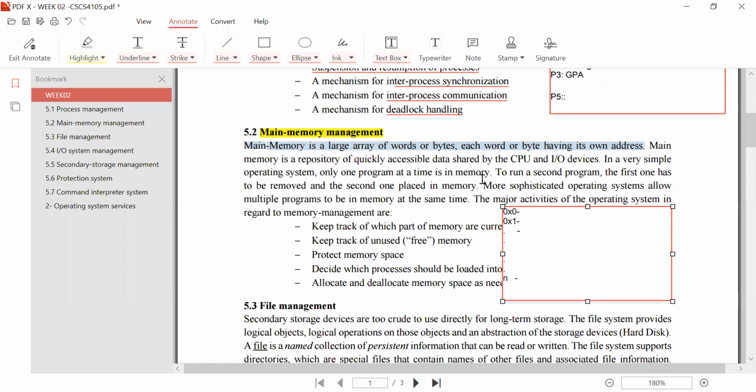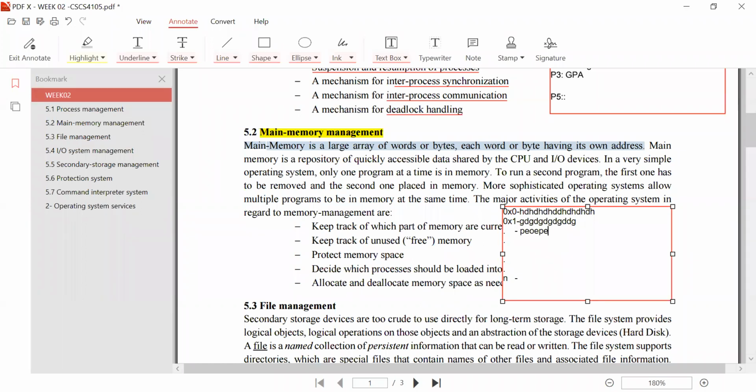But note that when we say a memory is a large array of words, each content has its address. This is how it is. It means that if you want to access what is here on this first line, you will reference it from its address. If you want to access this other content, you will reference it from its address, which is here. And this other content, you also reference from its address.